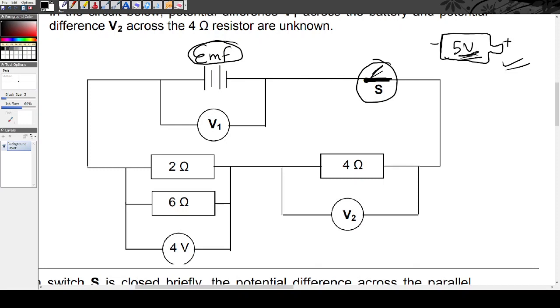This 5 volts is called the EMF. But the moment we connect it to a circuit, let's say to some bulb, it will no longer be 5 volts. There will be maybe 4.5 volts.